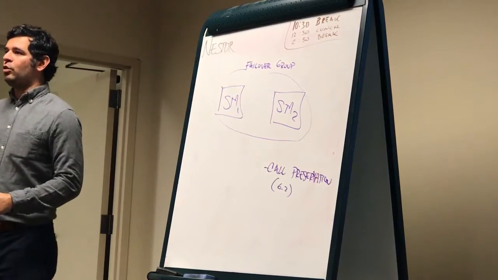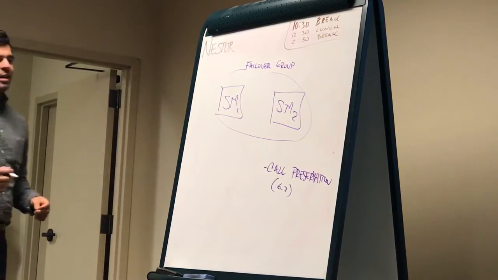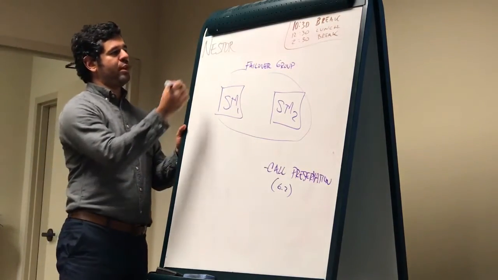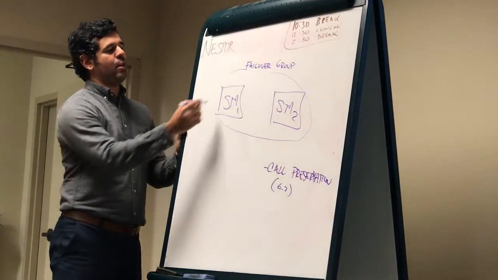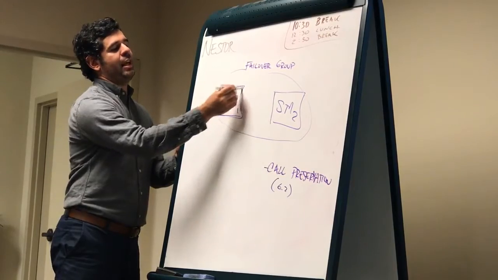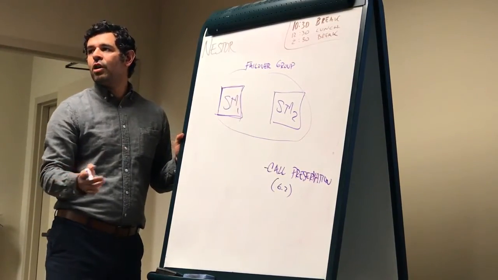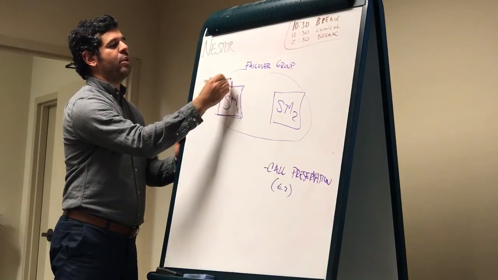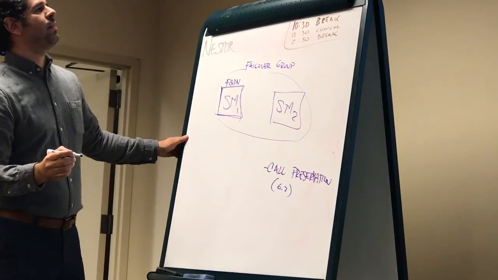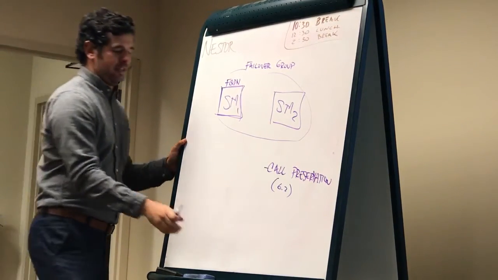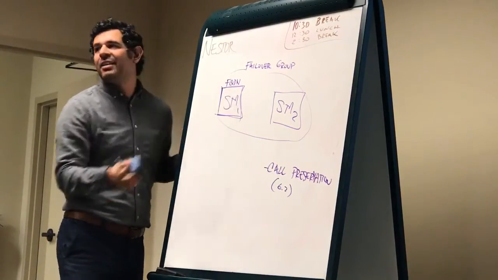No, only two Session Managers. And for this to work, you also need a DNS server. So basically what you do is, instead of working with the IP address of each Session Manager, you assign an FQDN. They actually call it FGDN for failover group, but it's an FQDN.